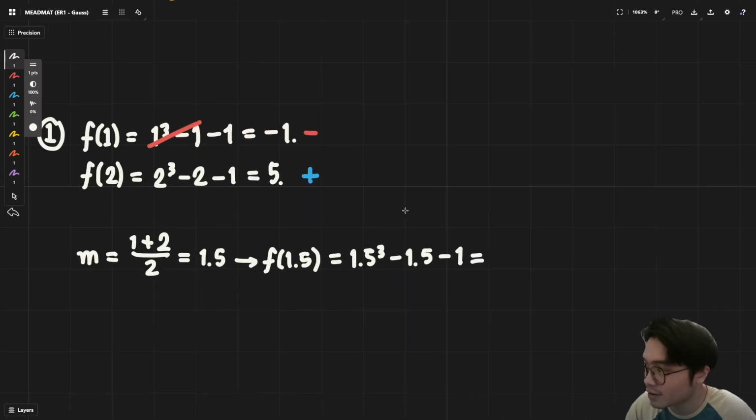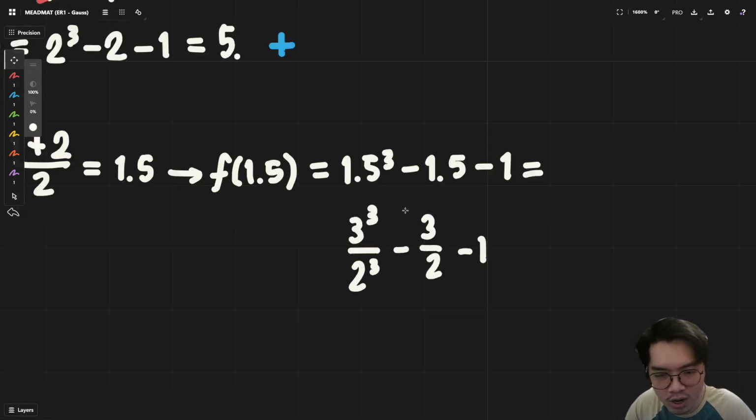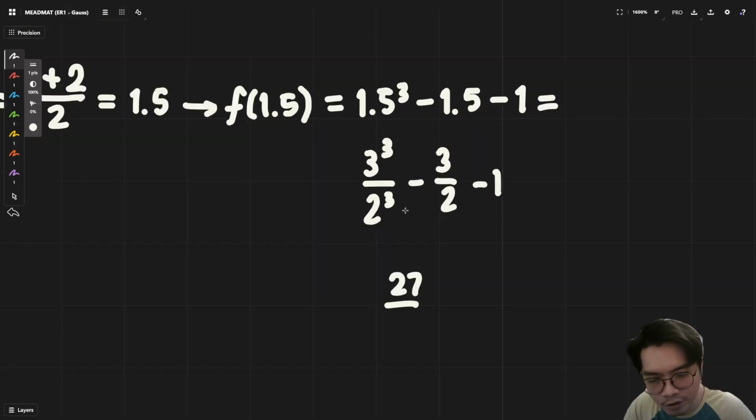I don't have the mental math capabilities to substitute this. You know what? Maybe I can. This is 3 halves, right? So this is 3 cubed over 2 cubed minus 3 over 2 minus 1. So that's going to be 27 over 8 minus 3 halves minus 1.